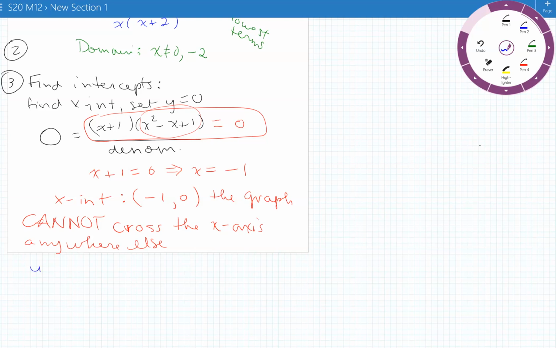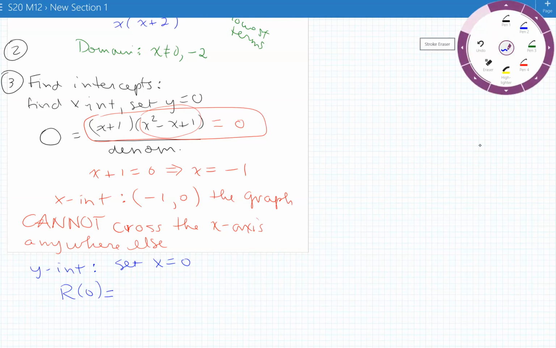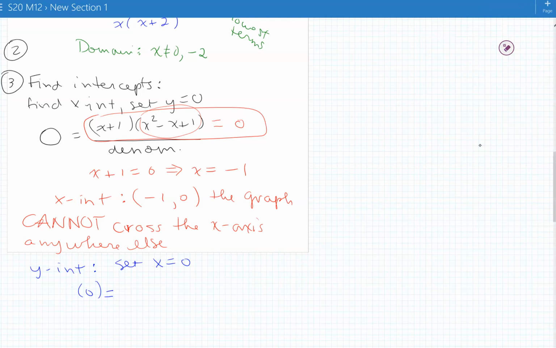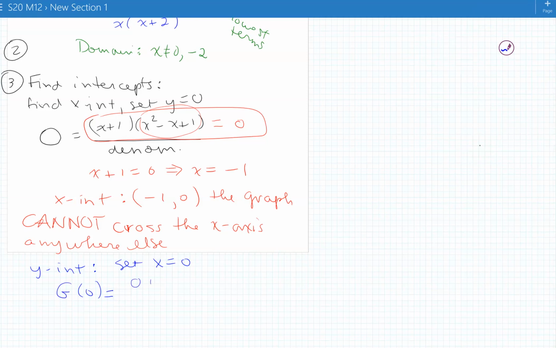Okay, then we need to know y-intercepts, and you find those by setting x equal to 0, or you can call that r of 0. So, oh, I'm sorry, my function's name is g here. Lost the first page. So 0 plus 1 over 0, well, that never happens. So there's no y-intercept.